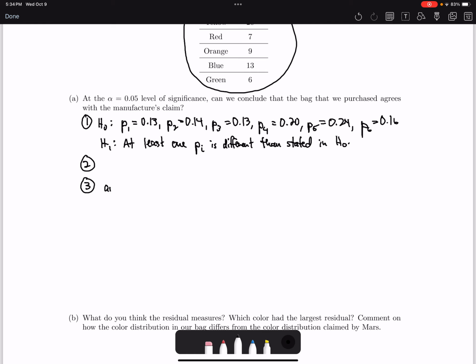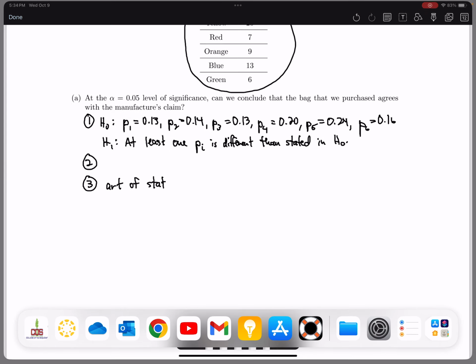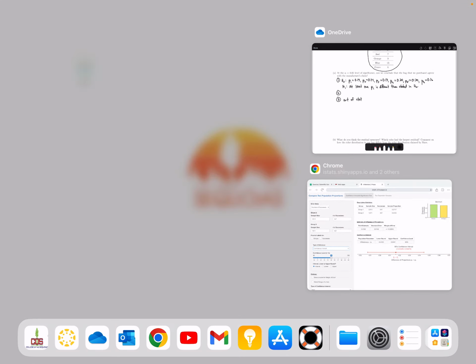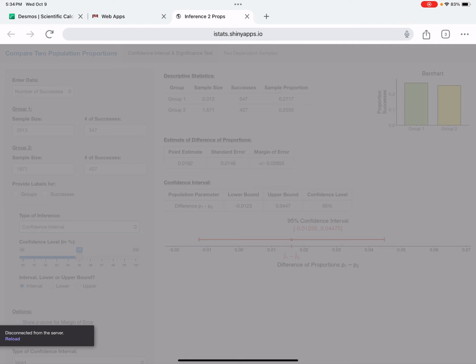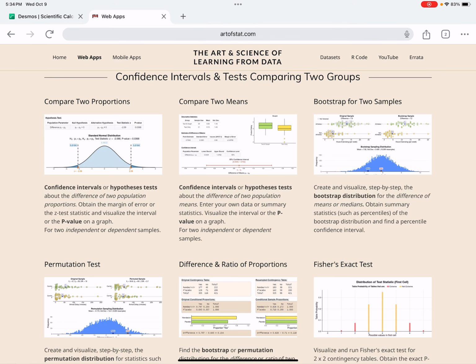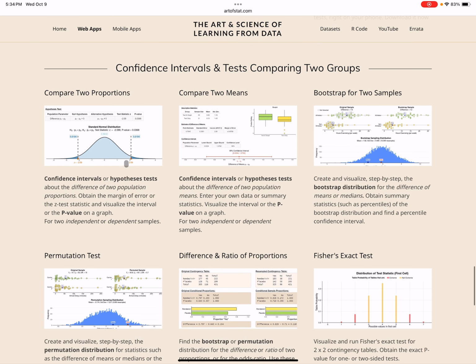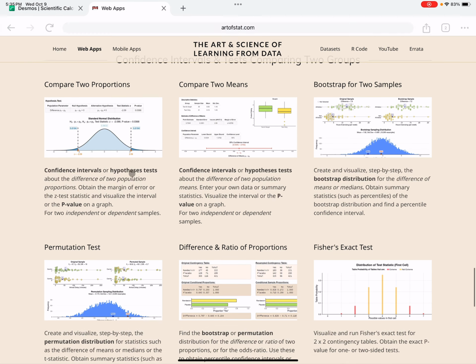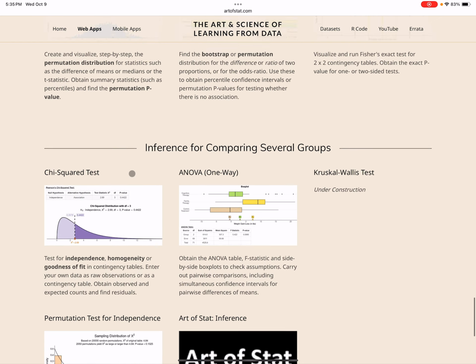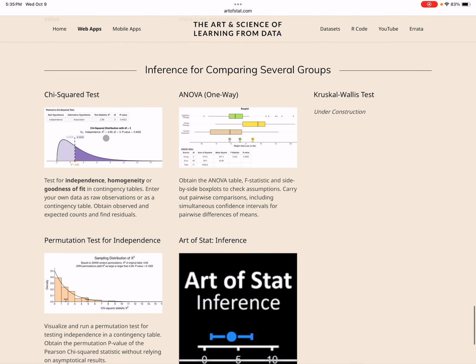We're going to go to art of stat, and I'll show you what we need to do in this case. So let's head over to art of stat. I'm going to need a different app here. So we don't want to compare two proportions in this case. We want to keep scrolling down, and we're going to open up this chi-square test.